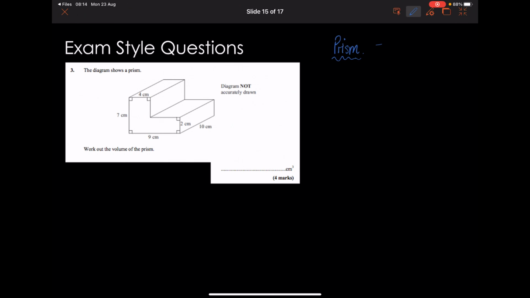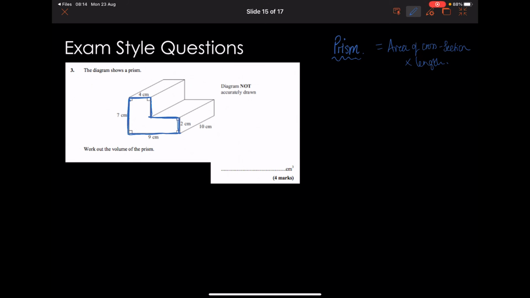Okay, if you've had a go, a prism, we work out the area of the cross section and then we multiply it by the length. So I don't want you to have done too much for this. Your main thing you've got to do is work out the area of this L shape here. Now, remember last time we worked out the area of an L shape?